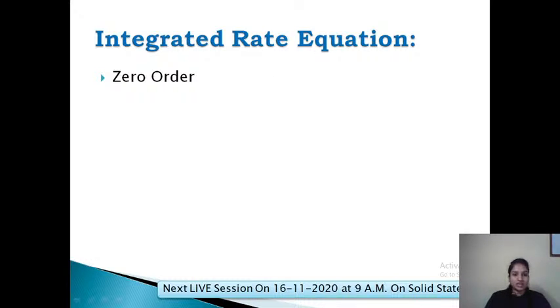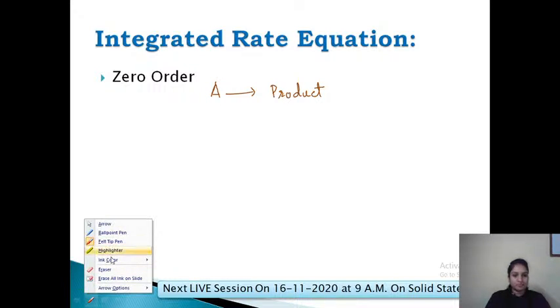So let us go for the integrated rate equation of a zero order reaction. Here some reactant A is getting converted into product. Let us consider it in this manner.